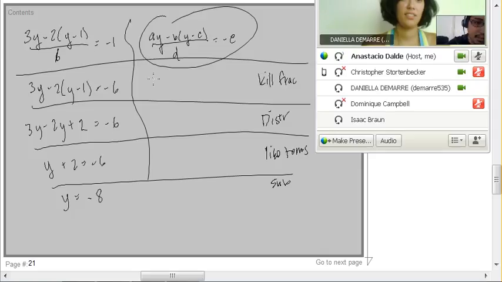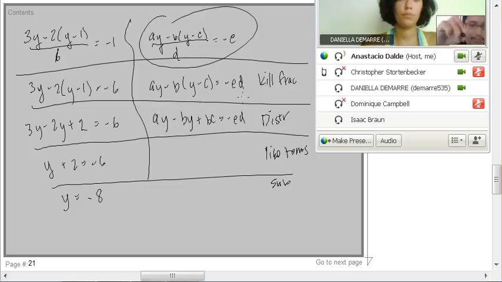All right, let's do it. Kill the fractions. Ay minus b times y minus c equals negative e times d. Right? All right, distribute. Ay minus by plus bc equals negative e times d. Now, what did I want to solve for? I wanted to solve for y, right?